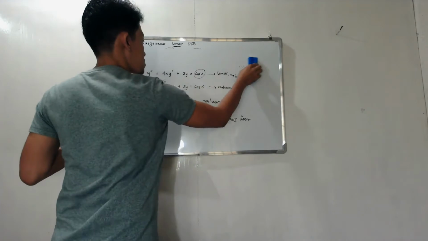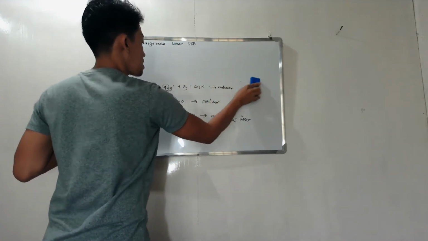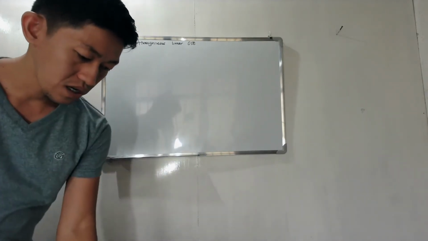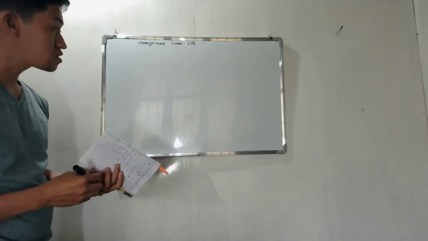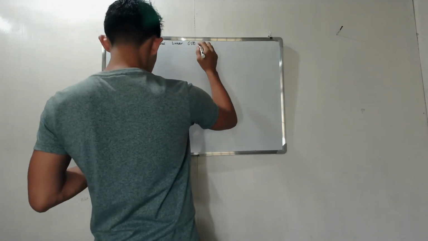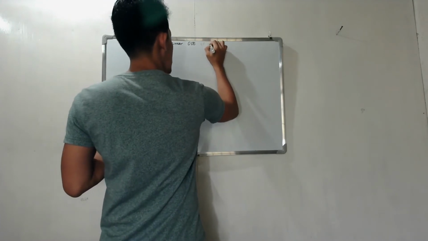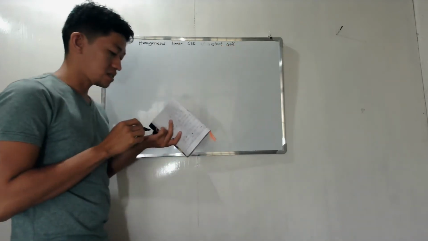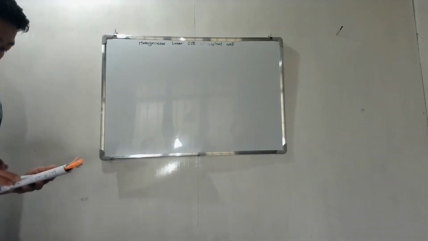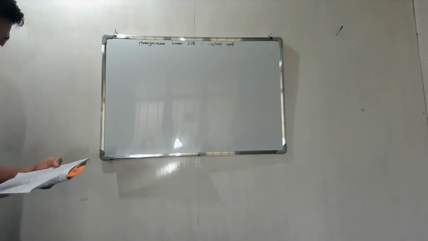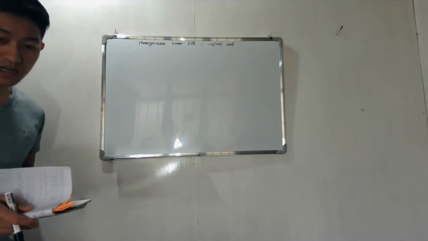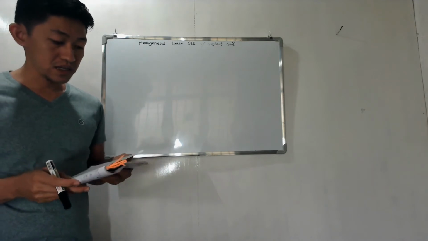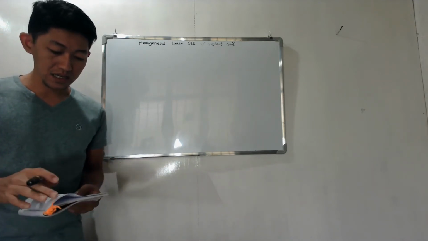So let's start first with homogeneous linear ordinary differential equation with constant coefficients. Okay, constant coefficients. Meaning, anong general form niya? General format.